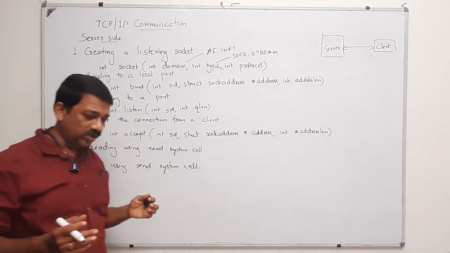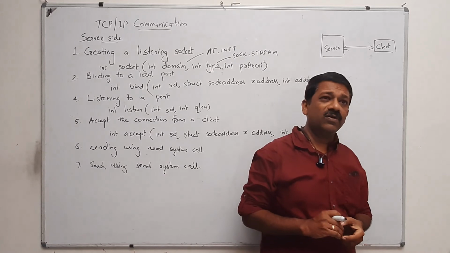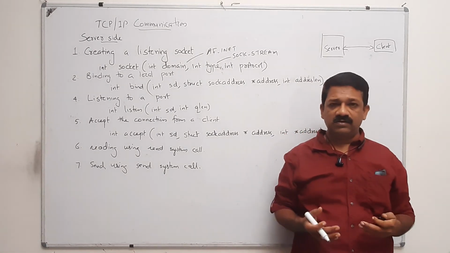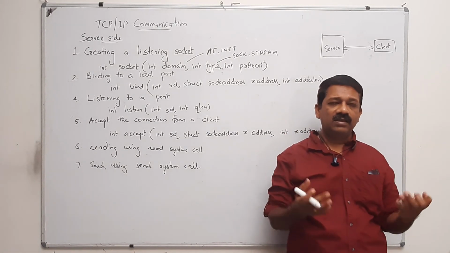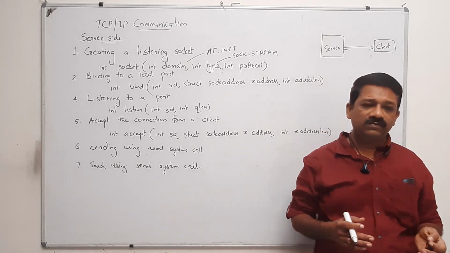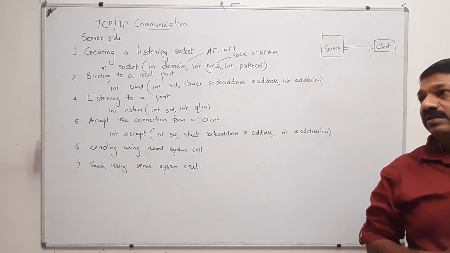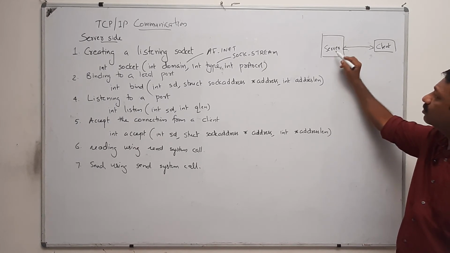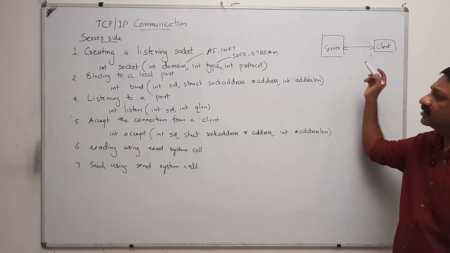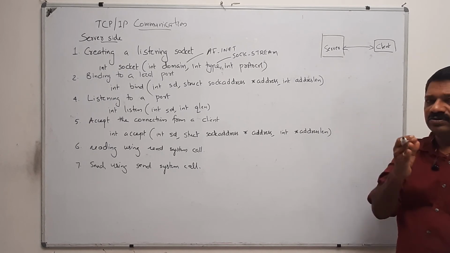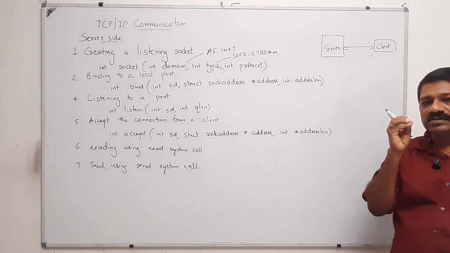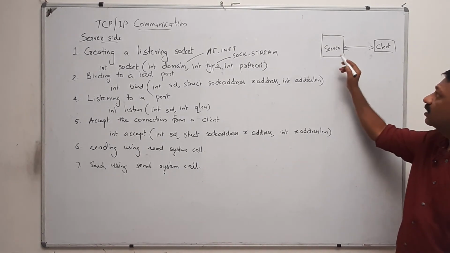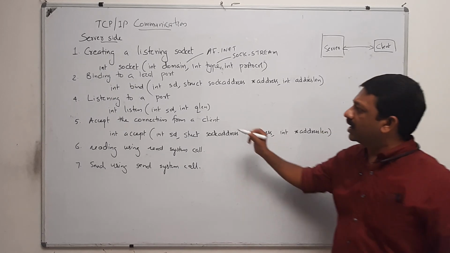That means, as I told you, a number of services are offered by a server. Suppose you are creating a web server or a domain server or whatever server you want. Before creating that, you are offering that service on some port of the server, that is binding.